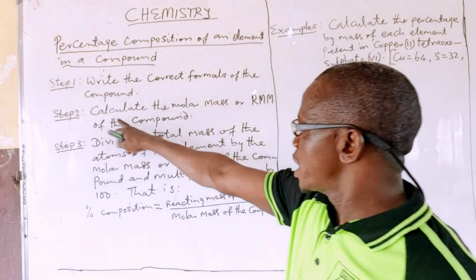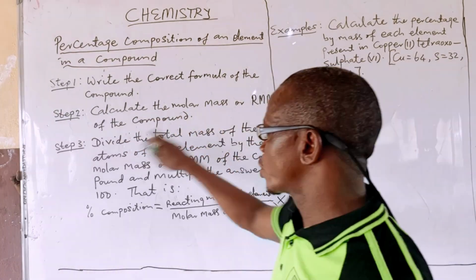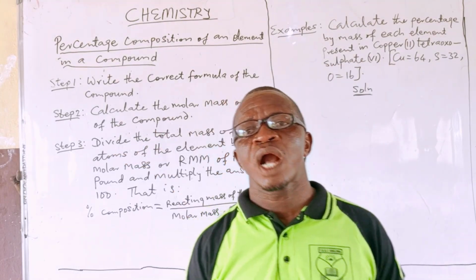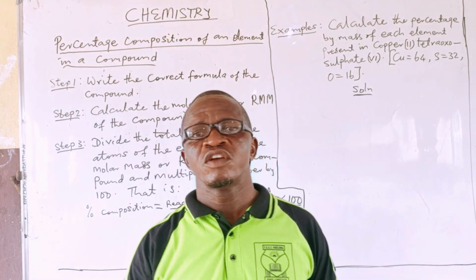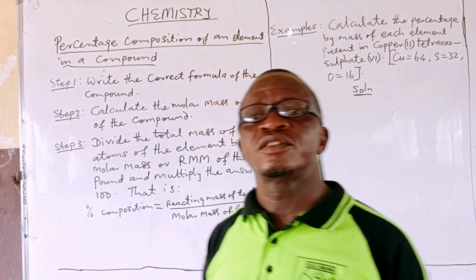Now, I said calculate the molar mass or relative molecular mass of the compound. You must know how to calculate it correctly for you to be able to attempt this and get it right.